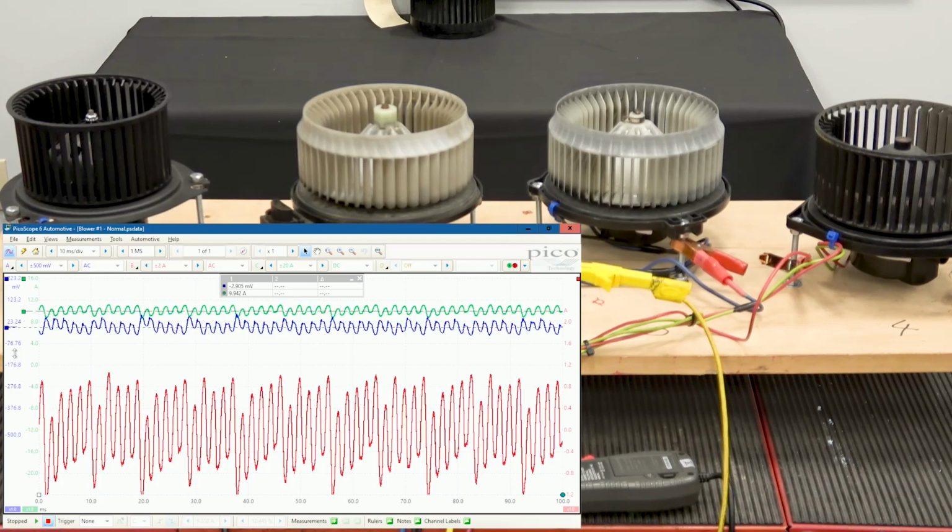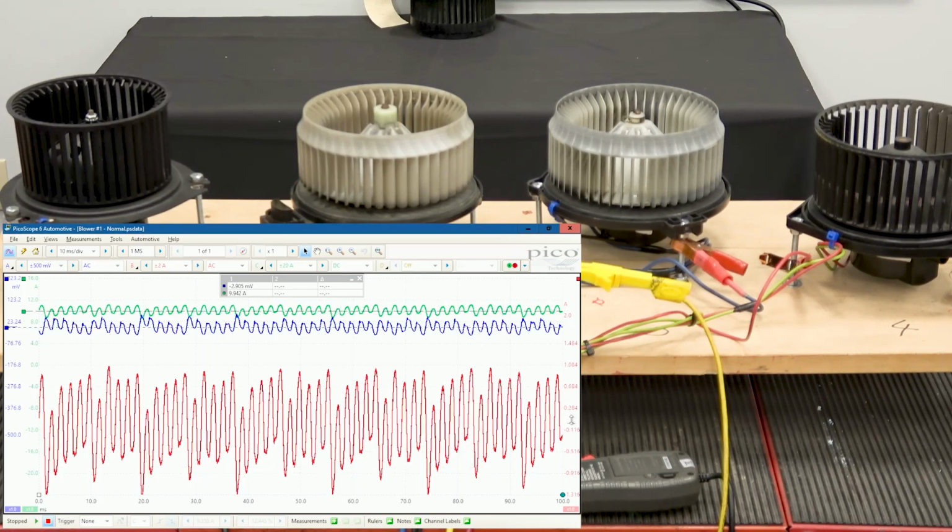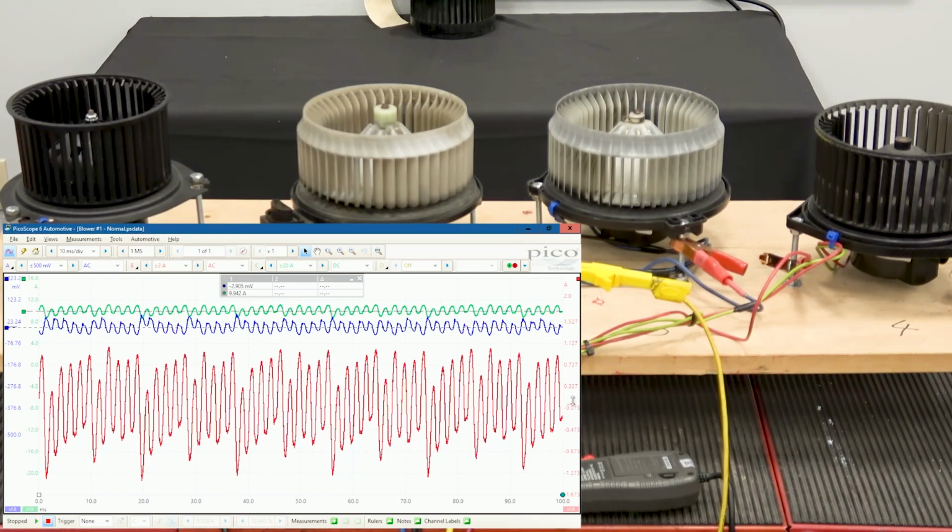As you will see in a moment when we look at a bad motor, you could just use a simple single voltage probe, AC coupled, to see issues in a blower motor, in fact in any kind of rotating electric circuit. Now looking at channel B, the red channel, we're only looking at the AC component of the signal.